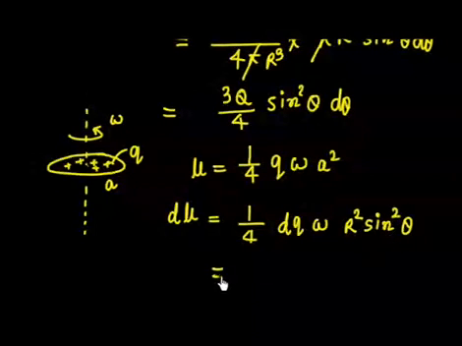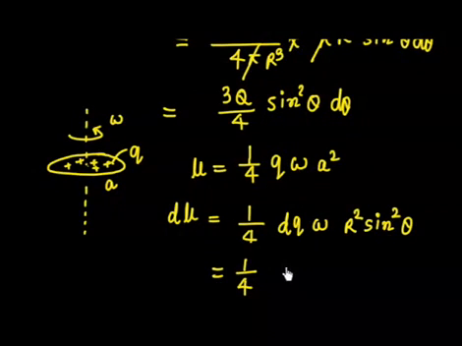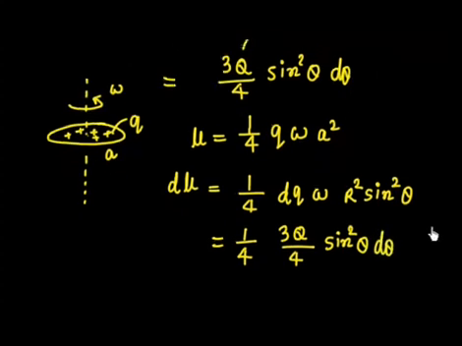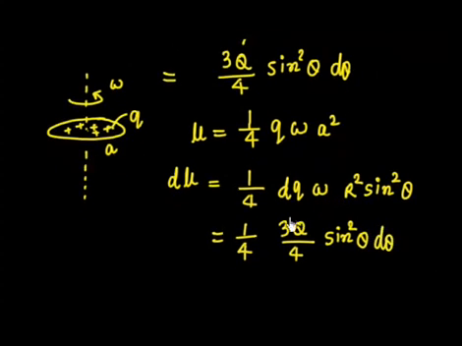And now I have to plug the value of dq. dq is 3Q by 4 sine square theta d theta, and this multiplied by omega. Omega I can write in the beginning also, because this is a constant, and r square again I can write in the beginning, and into sine square theta d theta.